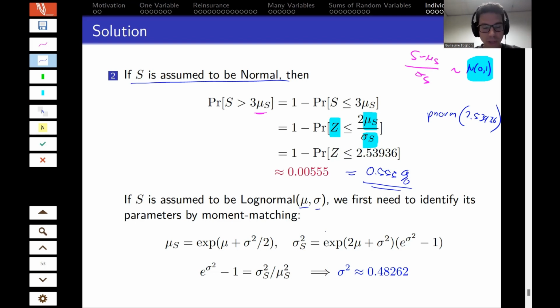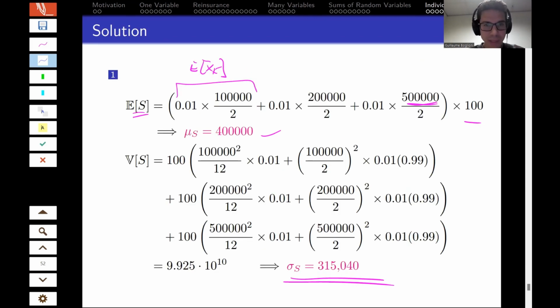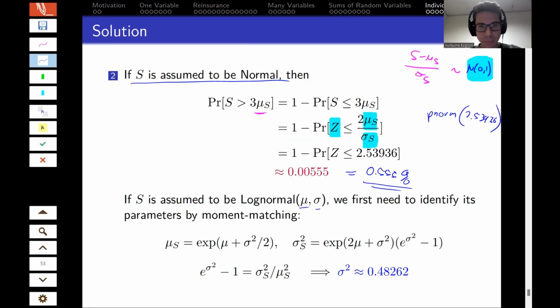They're just parameters. What we do have, what I call mu S and sigma S here, are the mean of S and the standard deviation of S. But they would not be equal to those mu and sigma, which, careful here, are the parameters of the log normal we use to approximate S.